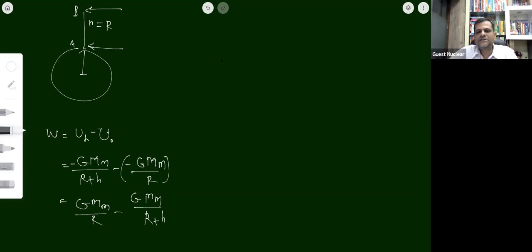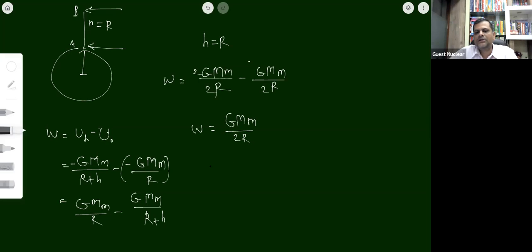But here h is given to be the same as R, correct? They have given that the height is equal to the radius. So if we put that in here, what will we get? GMm upon R minus GMm upon 2R, where 2R is the LCM. So in order to make this 2R, we multiply and divide by 2, and what we get is 2GMm minus GMm, which comes out to be a single GMm upon 2R.